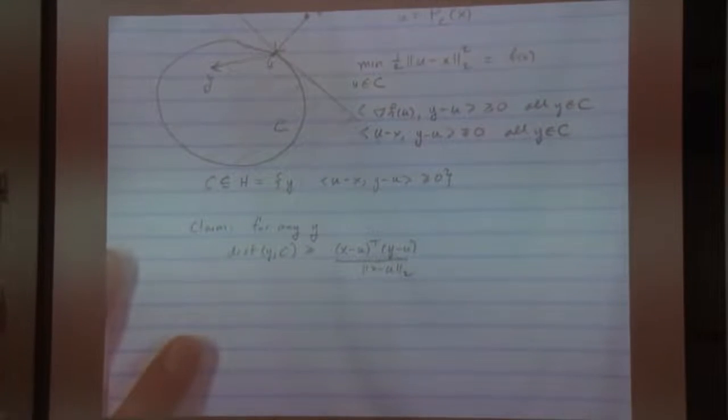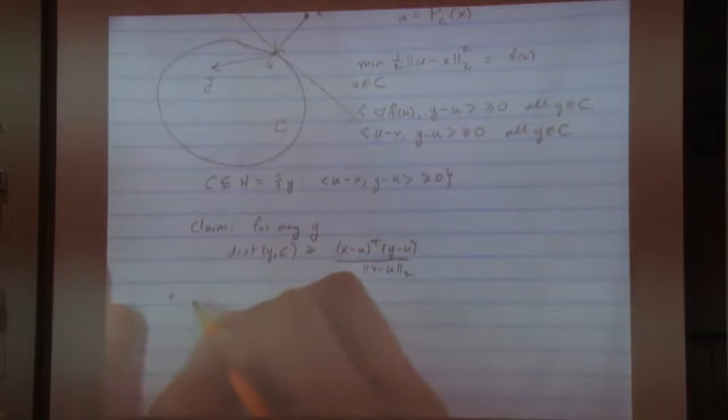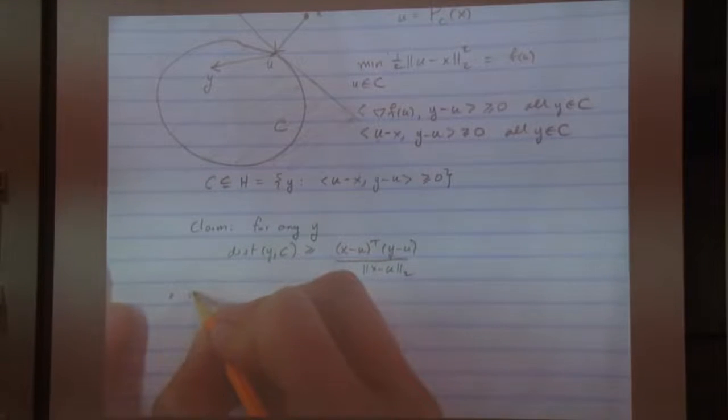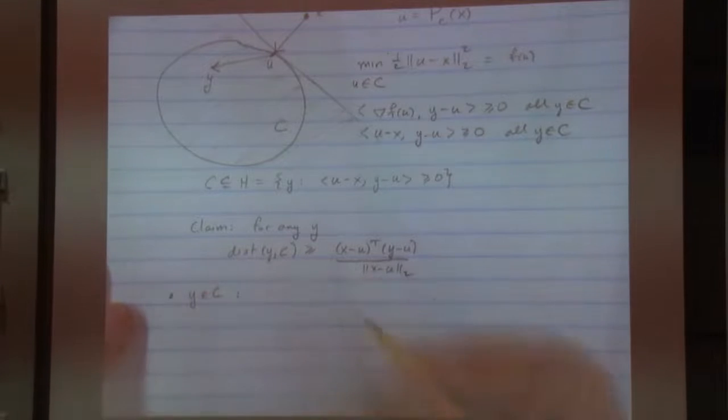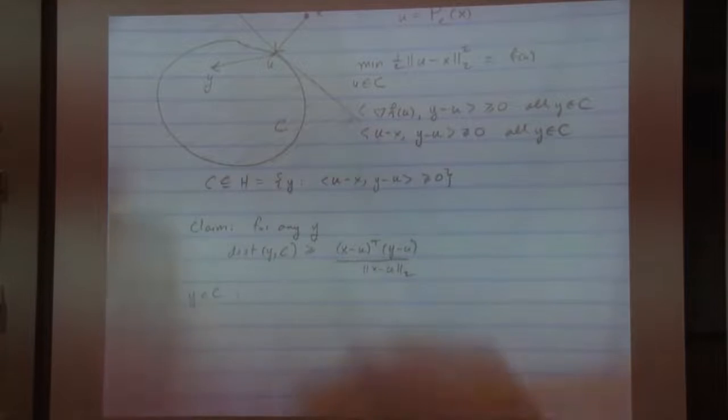Okay, and you're going to see where that comes from. Let's just go ahead and check this directly. We'll do two cases. The first case is when y is in C. Actually, sorry, when y is in the half space.